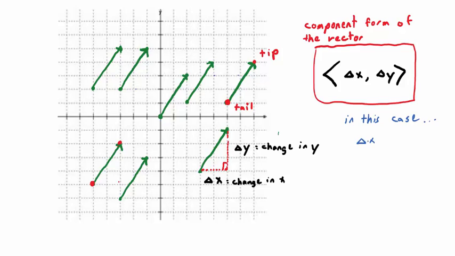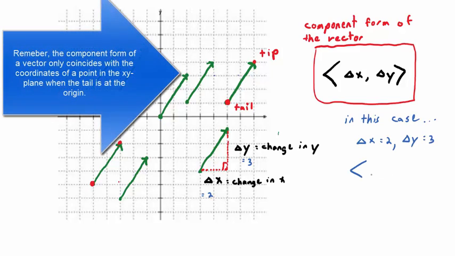Delta x is equal to what? In this case, 2, and delta y is equal to 3. So we would represent the vector as the, well, ordered pair 2, 3.